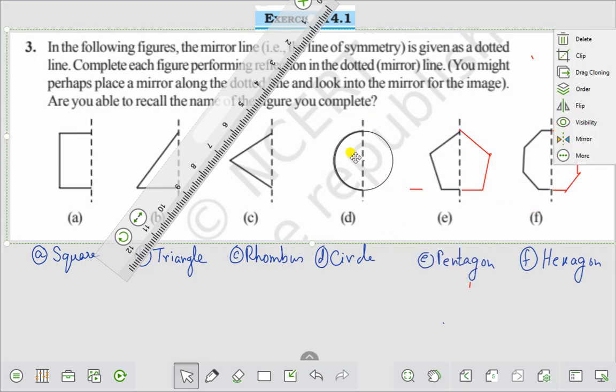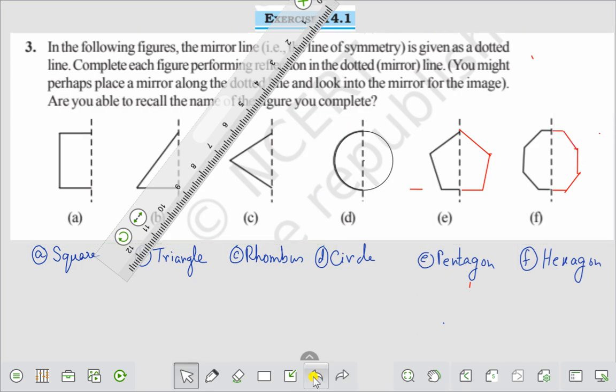That is, we are getting here the circle, right? In this way, you can find the various figures, right? You see, we got the various figures here.